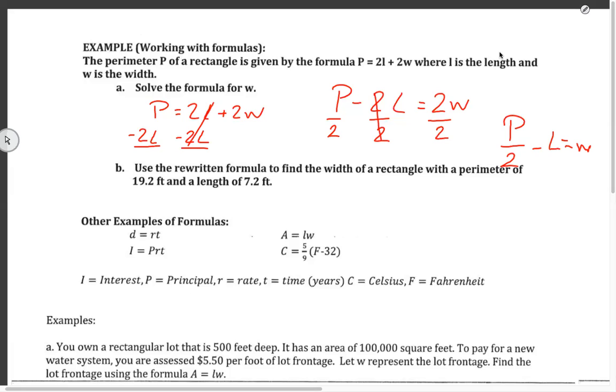So what you could do is figure out, in between my house and my neighbor's fence, I need to close off. I might know that width. Now I have to figure out how long I can make it.